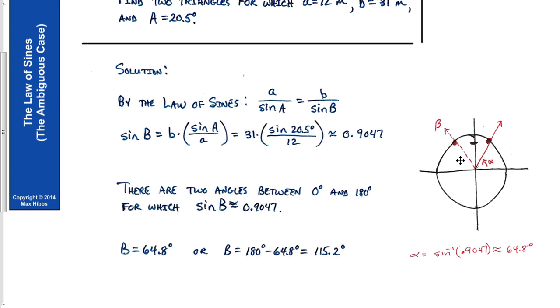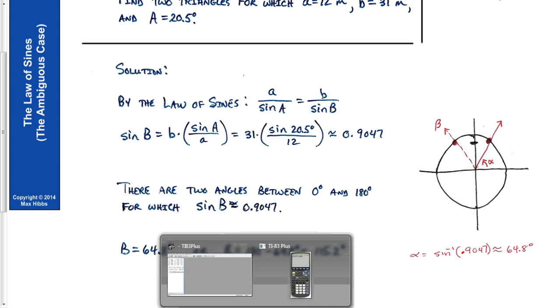If this is 64.8 degrees, take 180 degrees and subtract 64.8 degrees, and it will put us at this angle. That would be the angle beta. So B could be 180 degrees minus 64.8 degrees, which is 115.2 degrees.